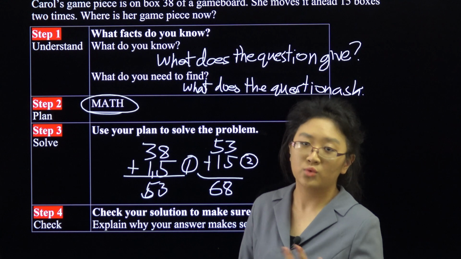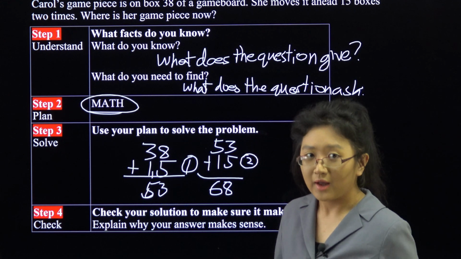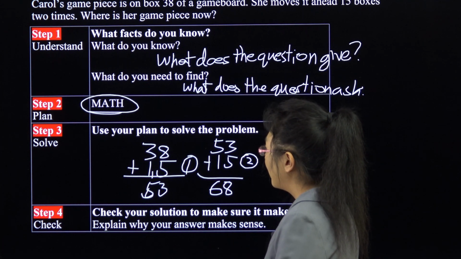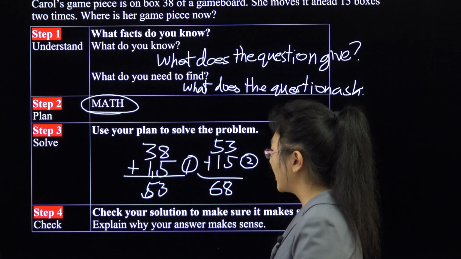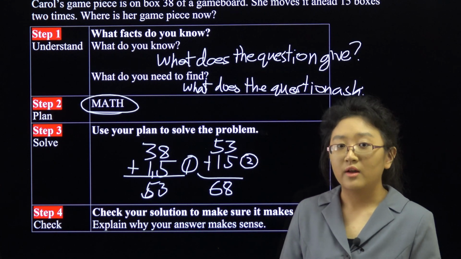Or we need to add 15 twice onto her initial position. Her initial position happens to be 38. Therefore, we added 15 to 38, got 53, and then added another 15 to that.